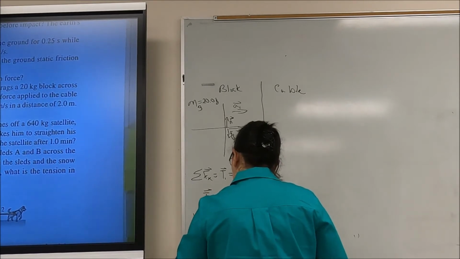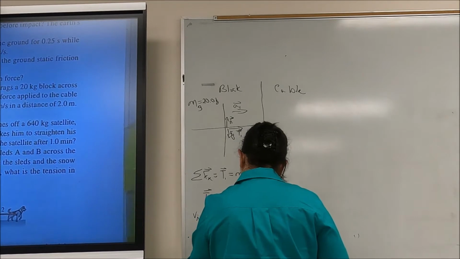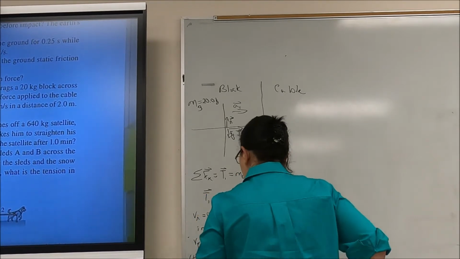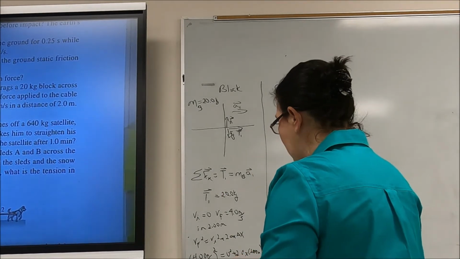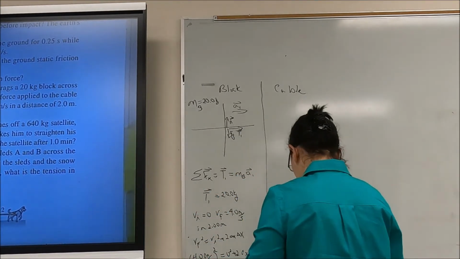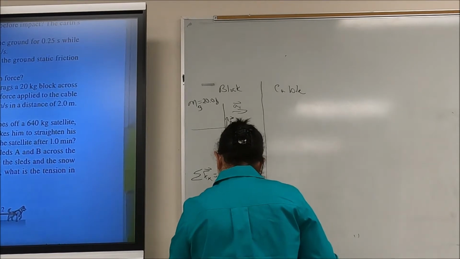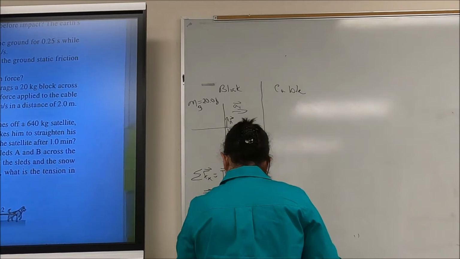So 4 meters per second squared equals 0 squared plus 2 times a_x times 2 meters. 4 squared is 16, divided by 4 says that a_x is 4.00 meters per second squared.